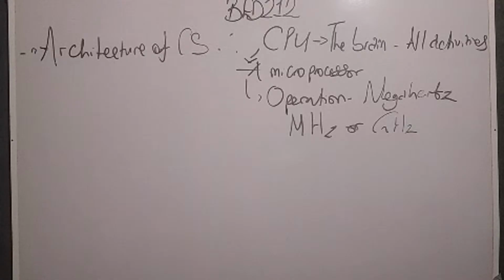And definitely, the higher the MHz, the faster the computer can process information. A contemporary computer or CPU today runs at least around 3 GHz.